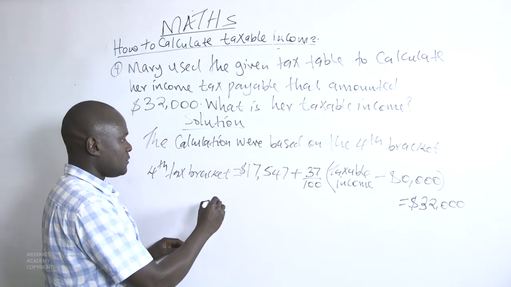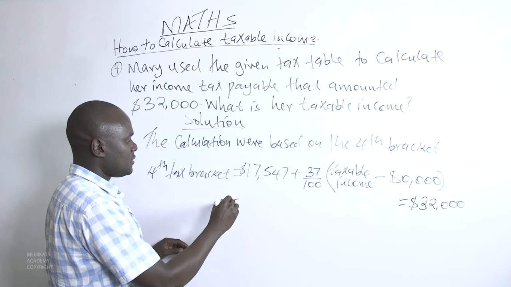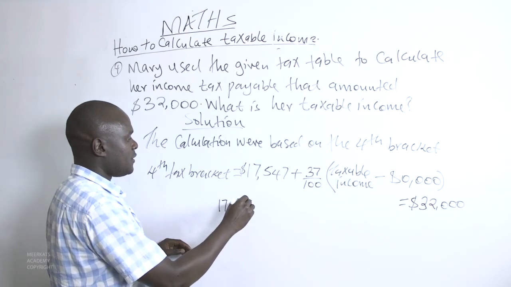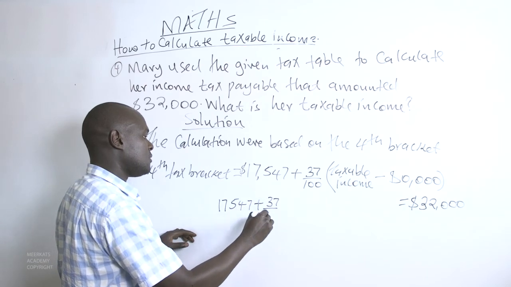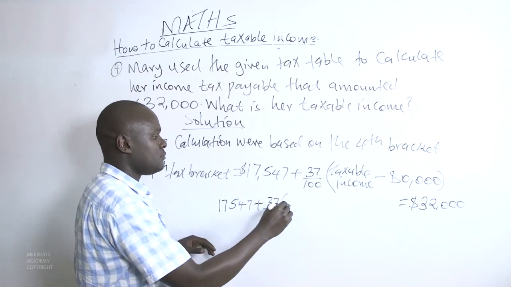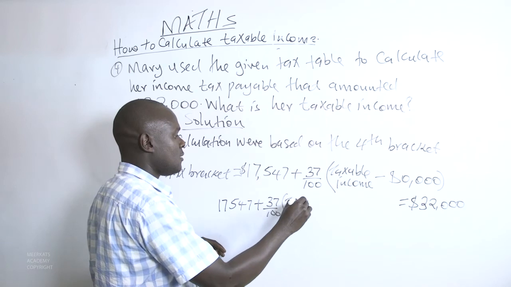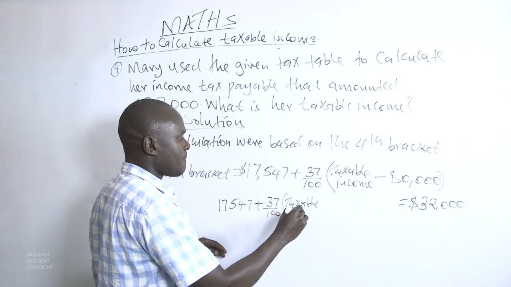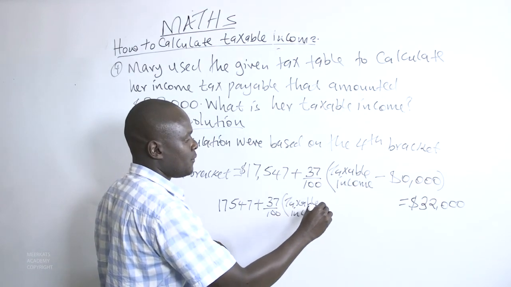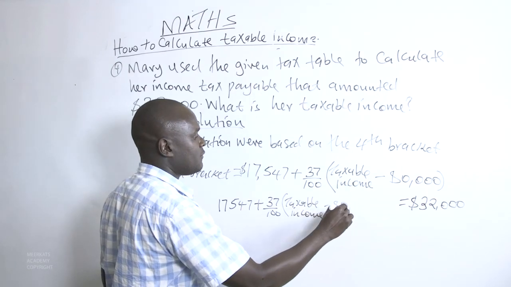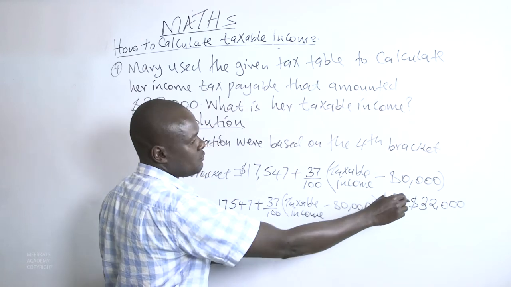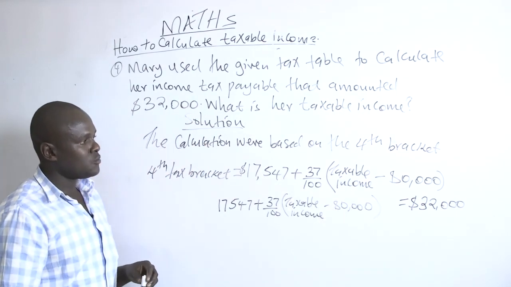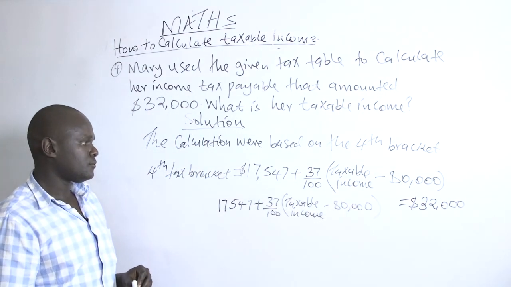So we are saying 17,547 plus 37 out of 100 into our taxable income minus the ceiling provided, which is $80,000, should be equal to $32,000.